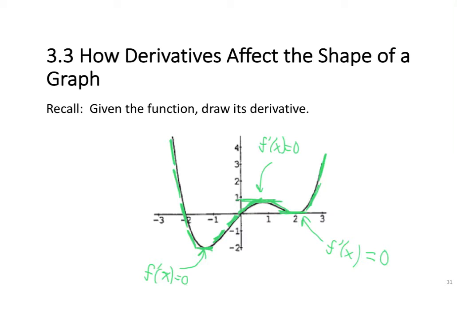Let's think about places where the derivative is negative, which means we're going to be looking for places on the graph where the slope of the tangent line is negative. So I'm going to look at each of these tangent lines and think, which ones of these have negative slopes?